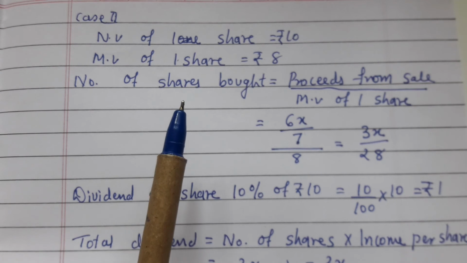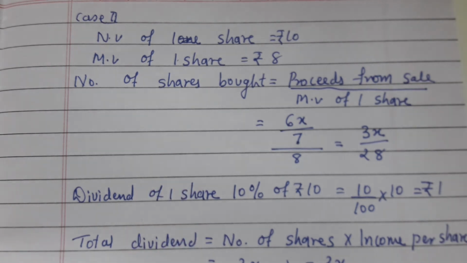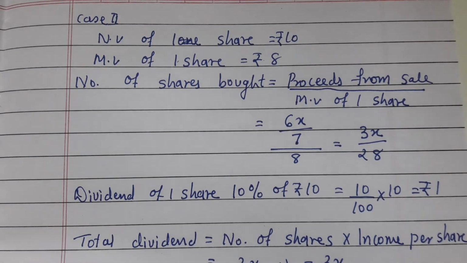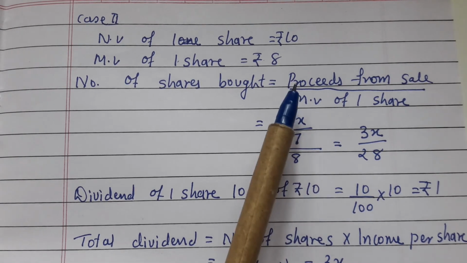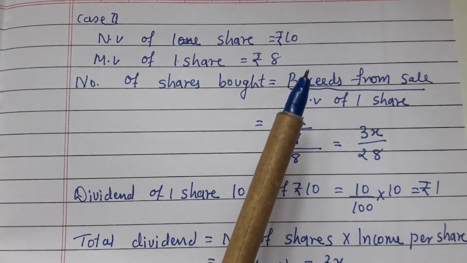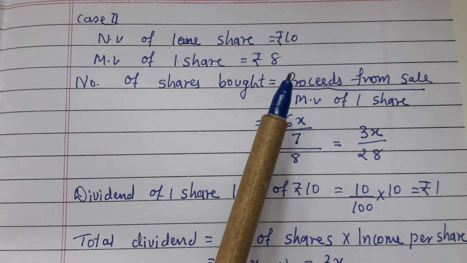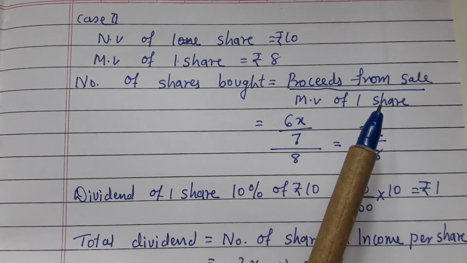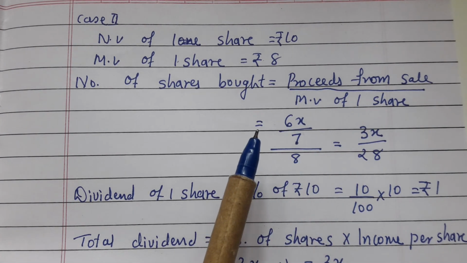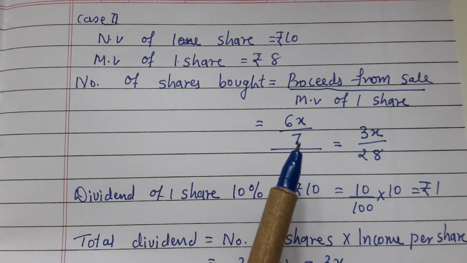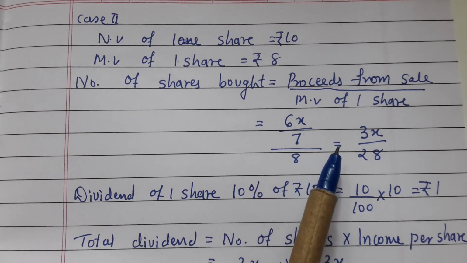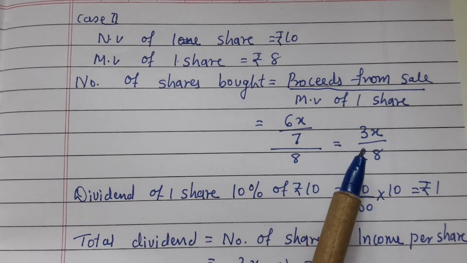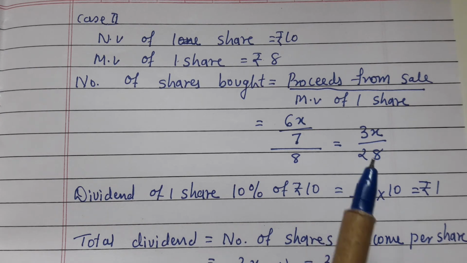Therefore number of shares bought is proceeds from sale, meaning how much money we got from the first case, upon MV of one share, that is 6x upon 7 upon 8, equal to 3x upon 28.